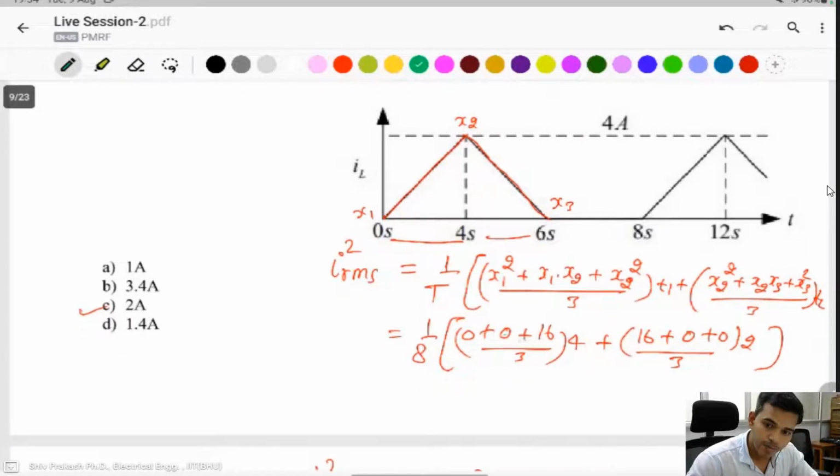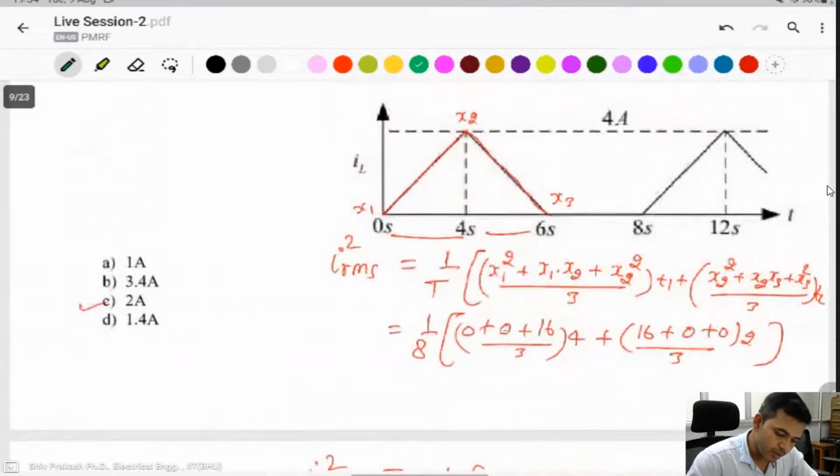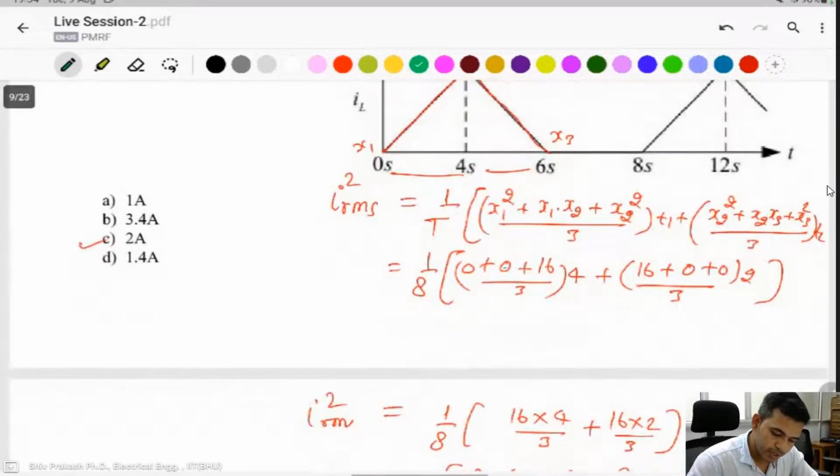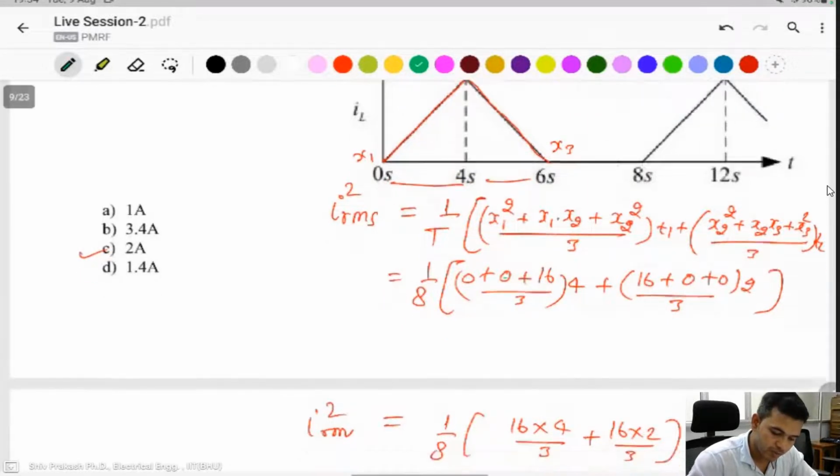Here, you're putting the value x1 is equal to 0 and x2 is equal to 4 and x3 also 0. You put it there, then you find 16 square of 4, x2 only is found here, and here also x2 is found.